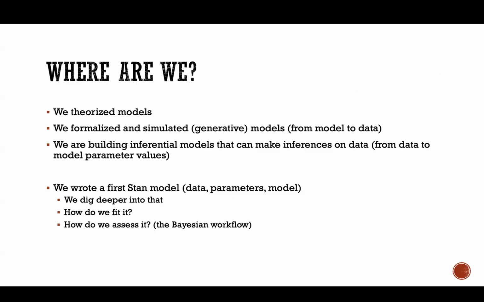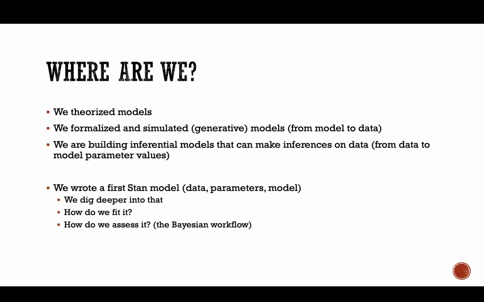Okay. So where are we? We theorized models, we formalized and simulated generative models, starting from the model, creating data. And now we're building inferential models that can make inferences on data. That is, we're going back from the data to model parameter values. So we wrote a first-hand model that has 3 chunks, right? Data, where we put whatever input the model requires.